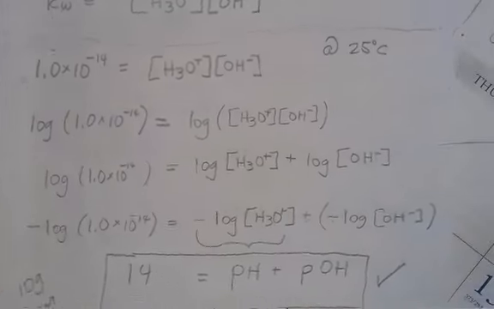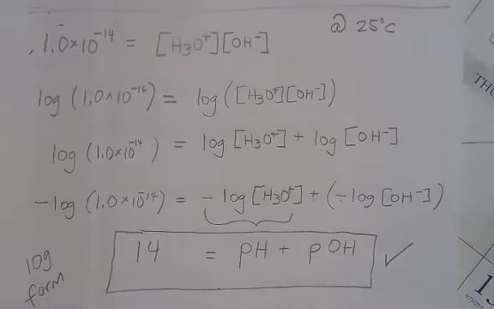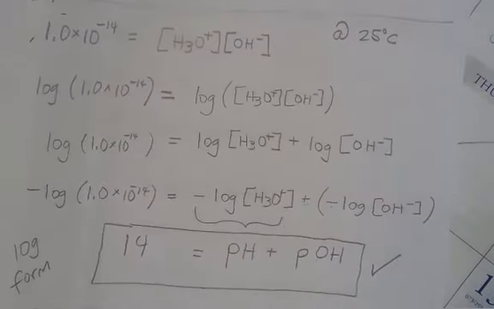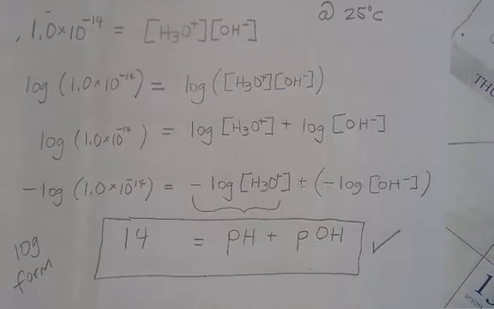And remember, a long time ago, people didn't have nice, easy calculators, so putting things in log form saved them a lot of math. Okay, well, that's it for this section. This was the second section of chapter 16.